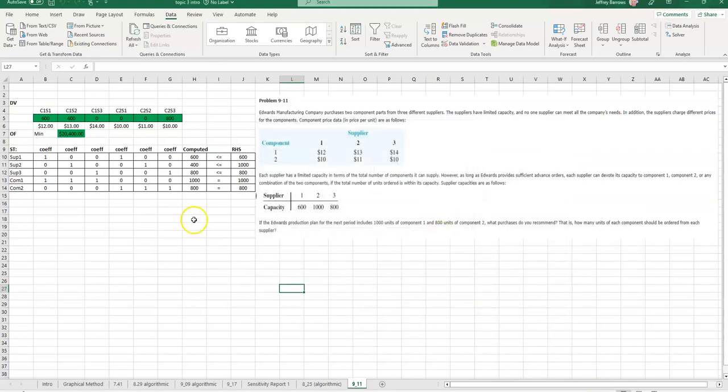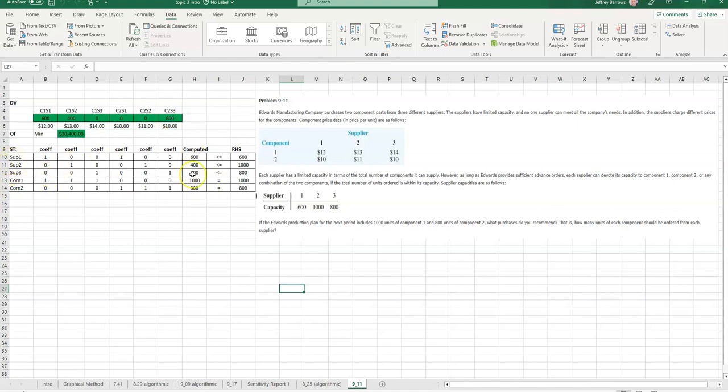It looks like we have purchased component 1 from suppliers 1 and 2. 600 and 400 is 1,000, so that looks good. And then it looks like we procured 800 component 2s from supplier 3.